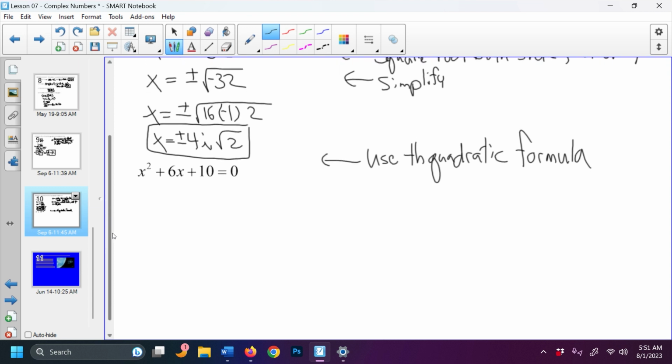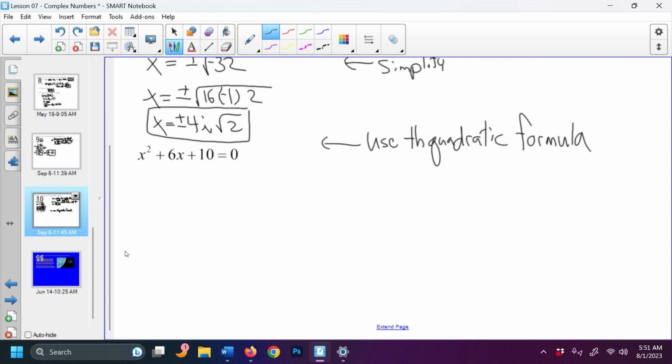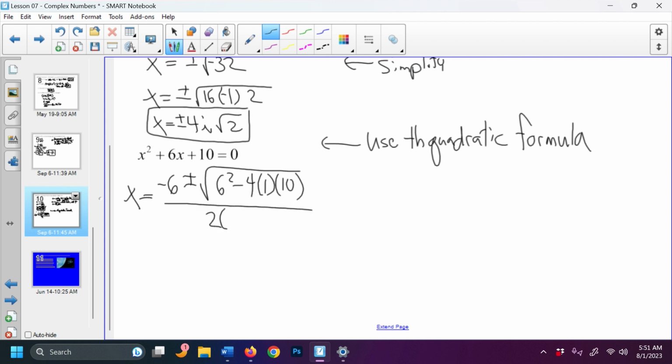And since we did it in the last lesson, I won't take any more of your time by rewriting it. But we get x is equal to negative b, which would be negative 6, plus or minus the square root of b squared, which would be 6 squared, minus 4 times a, which in this case is 1, and c, which in this case is 10, all over 2 times a, which in this case is 1.